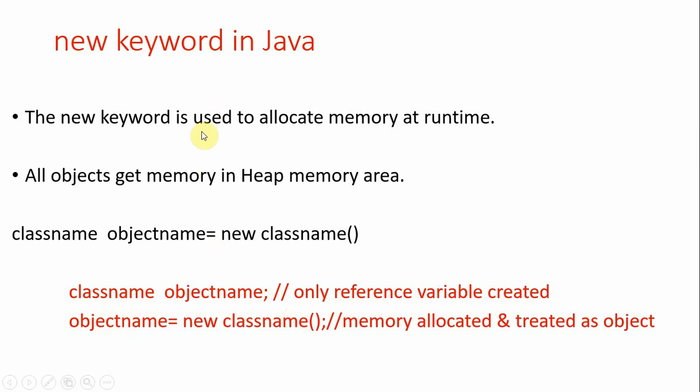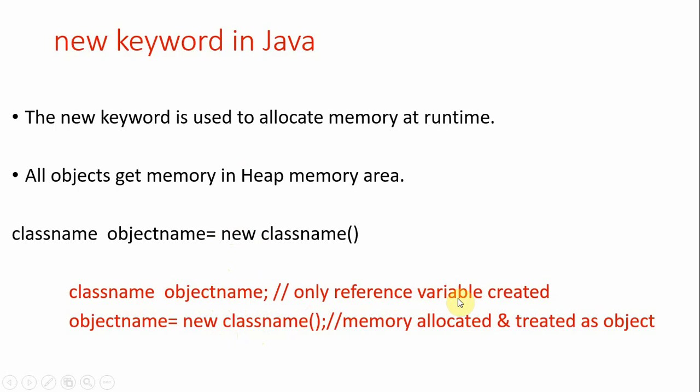But here we are specifying a class name, which means it is a reference variable. Whenever we define class name and object name, it is just a reference variable, not an object. Whenever you use the new keyword to allocate memory like this, then it is called an object of the class. Until then, class name and object name is treated only as a reference variable.